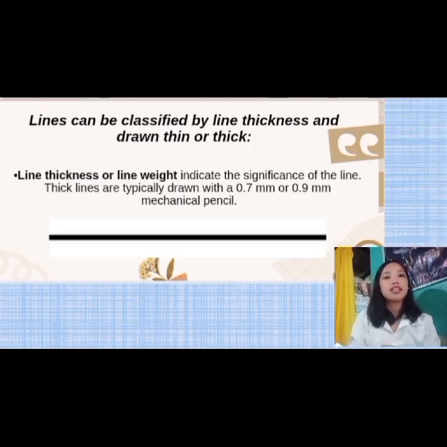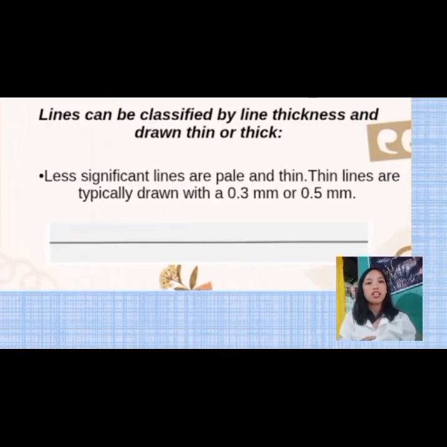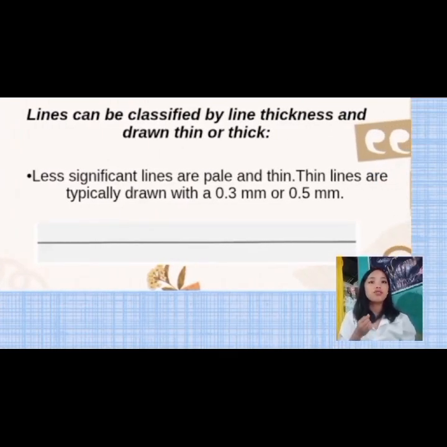These lines stand out and represent the visible or main parts of the figure. While the second one is the thin line. The purpose of this line is to show details, measurements, or reference lines that support the main drawing. These lines are lighter and less dominant than thick lines.